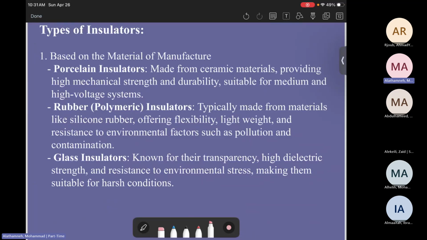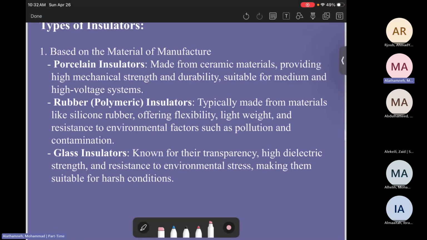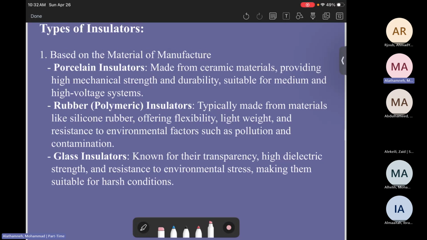Then we already mentioned the types of insulators. I think we are repeating the same thing, but here it's just in medium voltage. There are porcelain insulators, rubber or polymer, and glass insulators as well. The glass insulator is most likely used in harsh conditions or in the deserts, while porcelain is suitable for medium and high voltage, and it is used in towns.